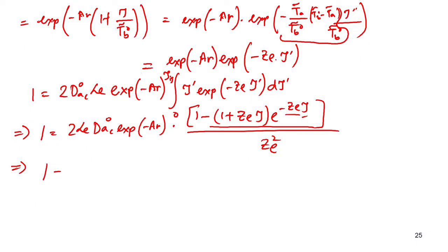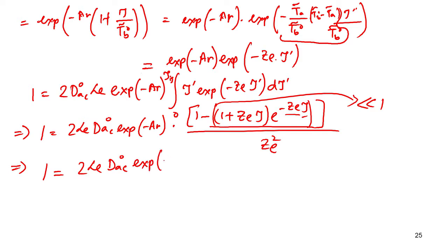So then this whole thing becomes 1. We will consider that the problem is posed in such a way that this term is much smaller than 1. So then this becomes 2 times Lewis number times Damköhler number times exponential of minus Arrhenius number by Zeldovich number squared. Now this closes the problem.